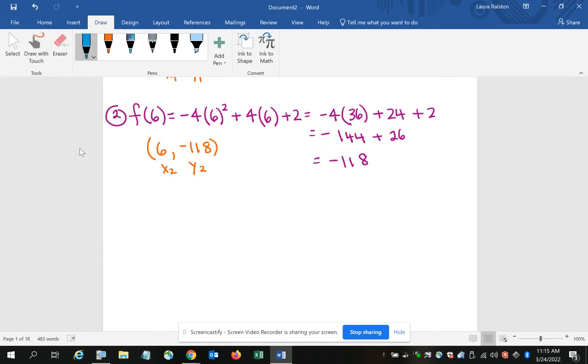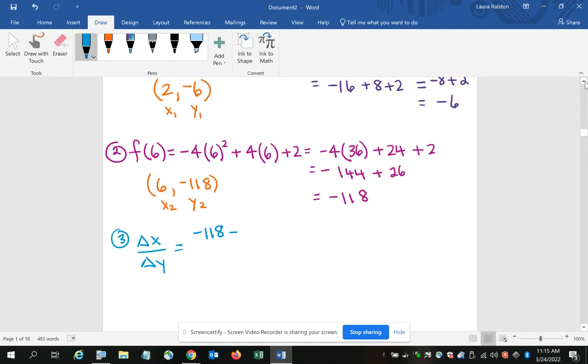Okay, so delta y over delta x equals y2, negative 118, minus y1, which was negative 6. So that's really minus, and I'm going to write it out, negative 6, over x2, which is 6, minus x1.